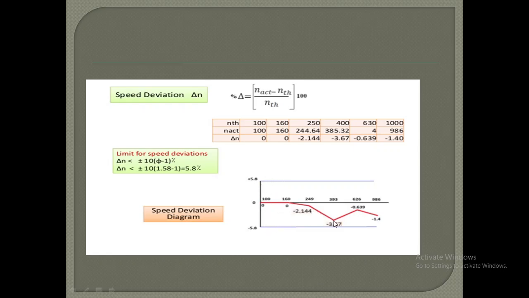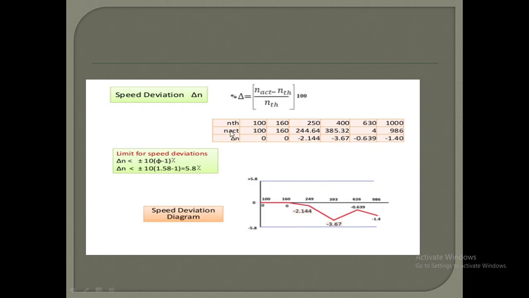If this speed is going out of limit, then your speed deviation diagram will be wrong, or your calculations will also be wrong. Okay, that's why you should draw this speed deviation diagram.